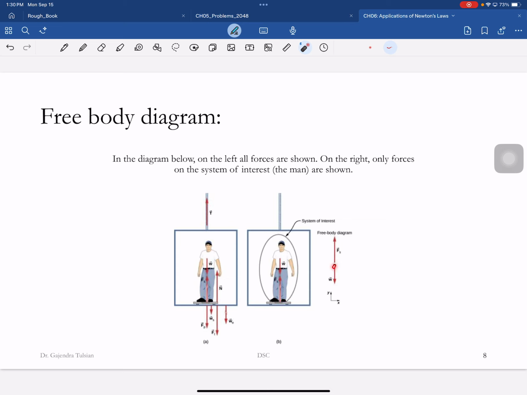So there's the guy represented as a point, there's gravity pulling him down, and there's the force of the scale. If you look at this diagram, can you tell me what's happening? He's accelerating upwards.